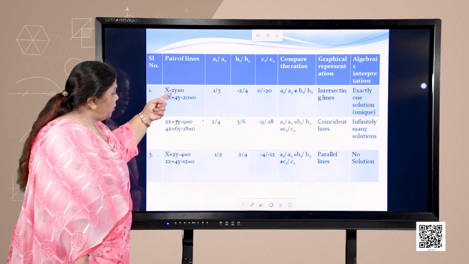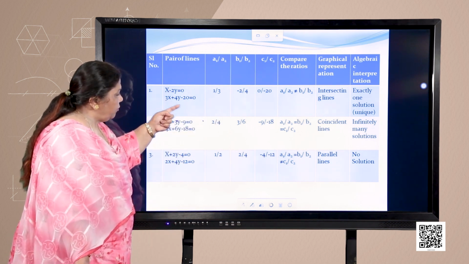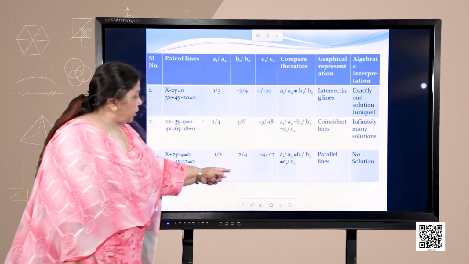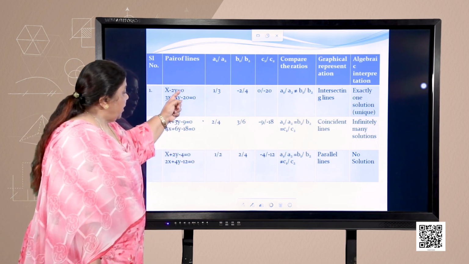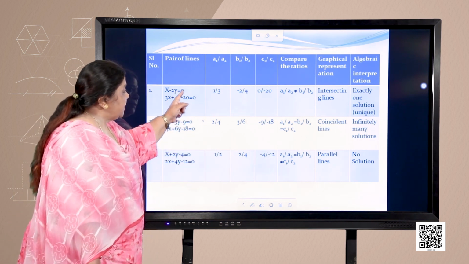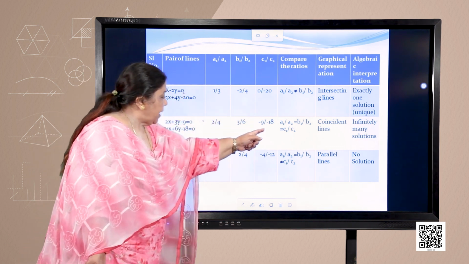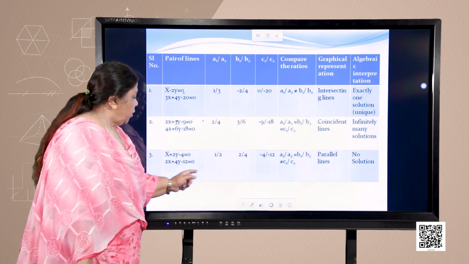Likewise, the coefficients of y: minus 2 upon 4, 3 upon 6 and 2 upon 4. Same way we have taken the constants: 0 upon minus 20, minus 9 upon minus 18 and minus 4 upon minus 12.